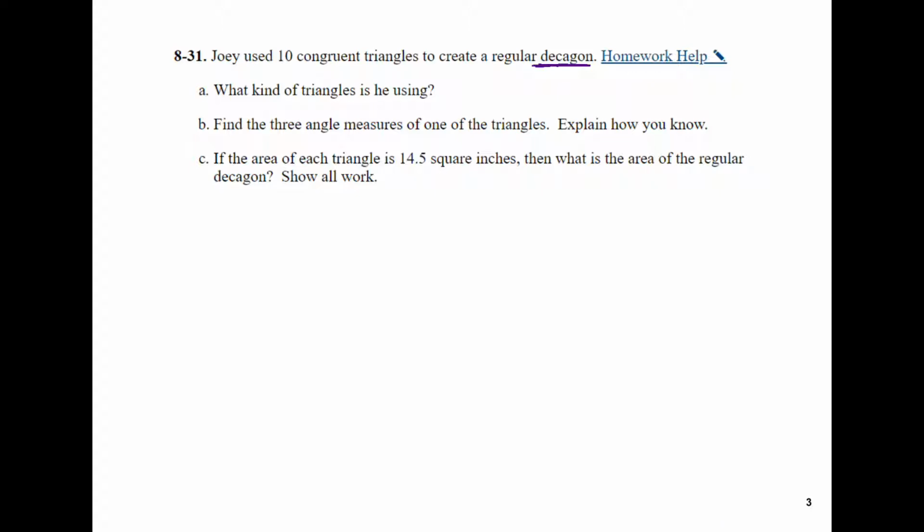Well, he was using isosceles triangles, and we know that it's an isosceles triangle because when we take 360, if we can envision our central angles and divide that by 10, we get our central angles to each be 36 degrees, which means our base angles are larger than 60, so it cannot be an equilateral triangle.